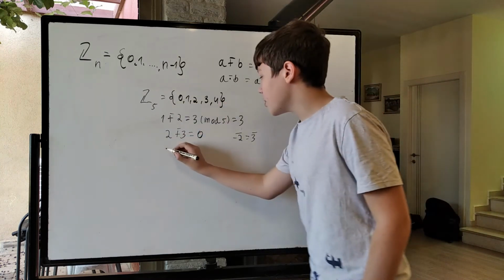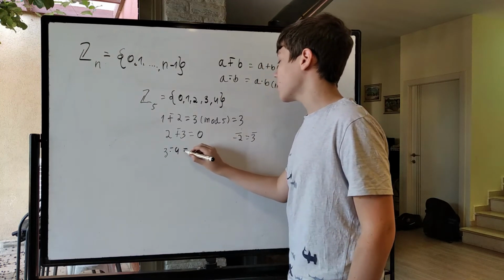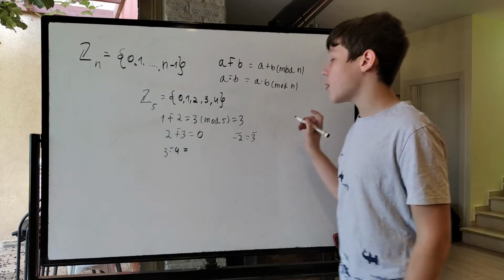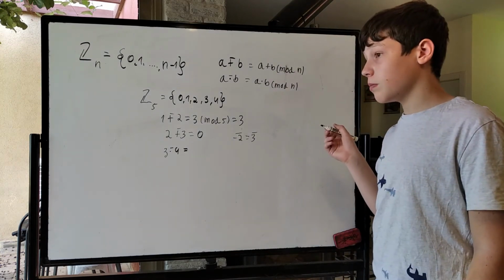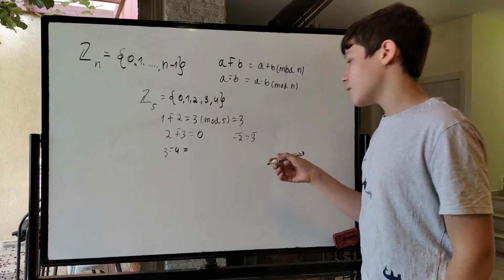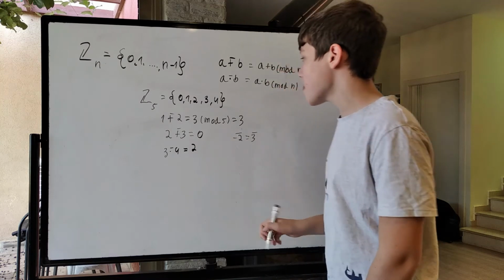And how about we do, what is 3 times 4? This is 12 modulo 5, which is 2. 12, after dividing by 5, you get a remainder of 2. So this is 2.